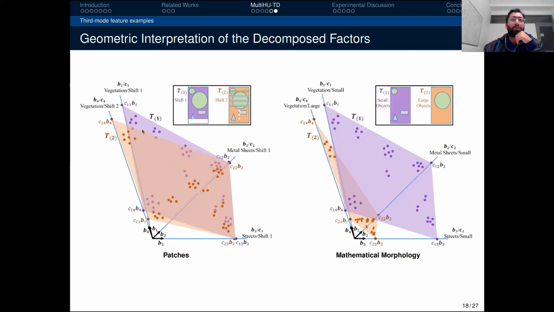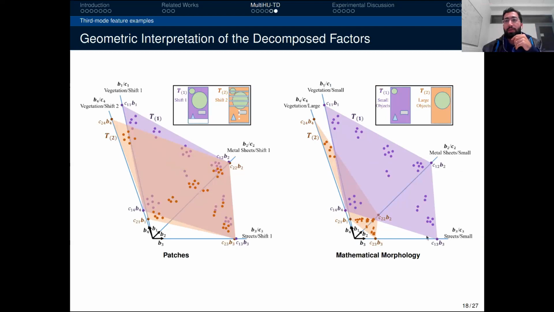So we try to represent this visually. For patches, we think that two consecutive frontal slices are more or less coinciding in the subspace, because there is not much variation or meaningful information on the third mode.